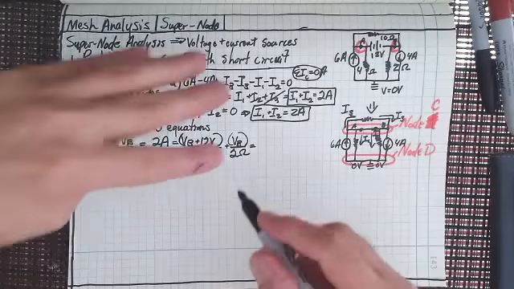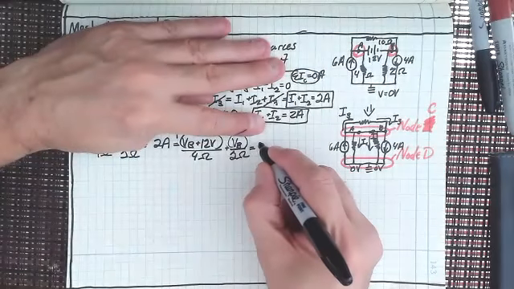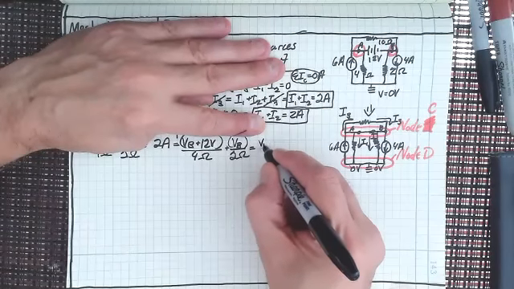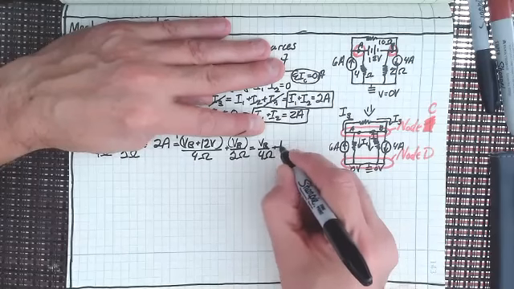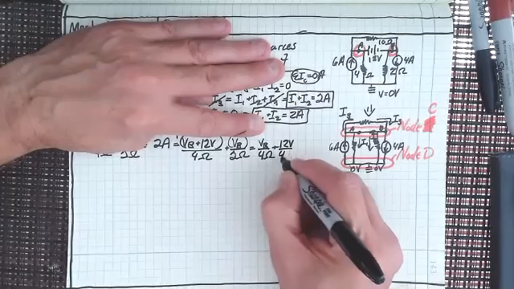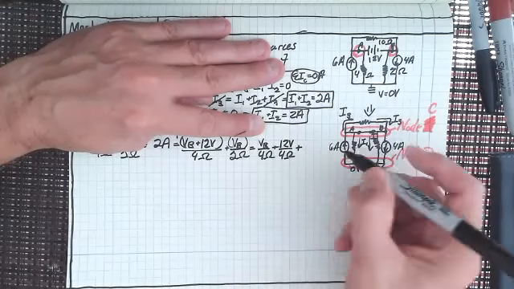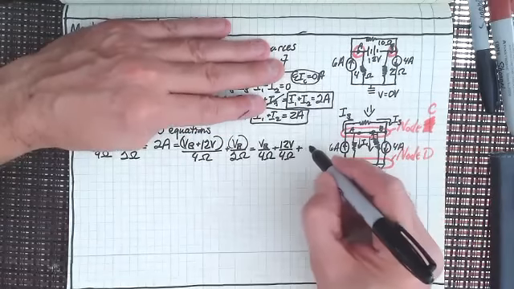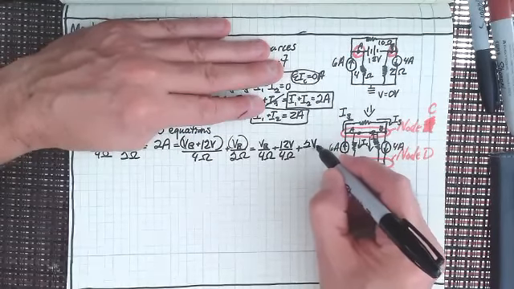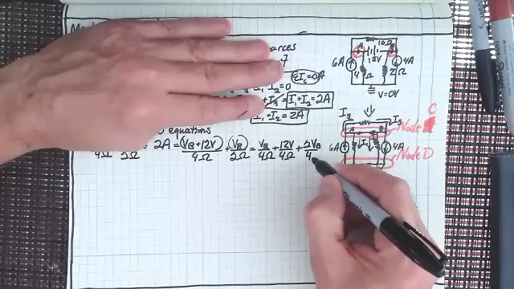As a matter of fact, why don't we break it up? I'm just going to say that this is VB over 4 ohms plus 12 volts over 4 ohms plus, should we say this is VB over 2 ohms, or should we say it's 2 V sub B over 4 ohms?